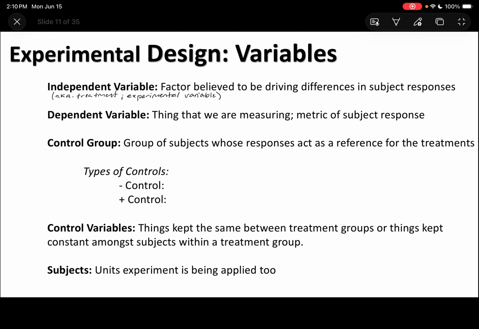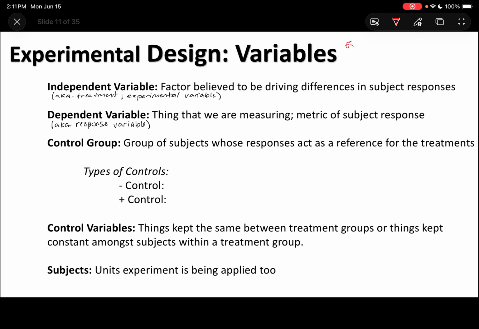The thing that we're measuring amongst the subjects is the dependent variable, and it also goes by the name of response variable. So this is whatever we are measuring or monitoring from our subjects. What we're doing within the scientific experiment is looking to see if there's a connection between these two variables. Essentially, we are testing the idea.